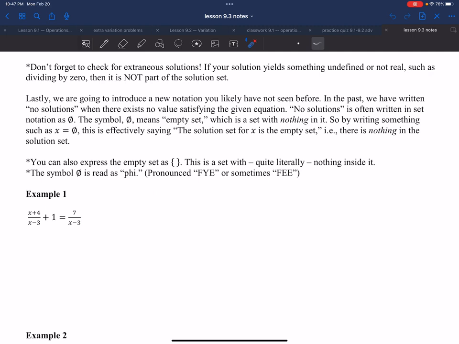First, when we have no solutions that satisfy an equation, I'm going to introduce a new symbol for you to use if you would like, and maybe to try and recognize these as answer choices, either on your homeworks or quizzes or tests, because I just want you to see some of the formal mathematical language. So instead of writing no solutions, often we will write the solution set as this symbol right here that I've circled.